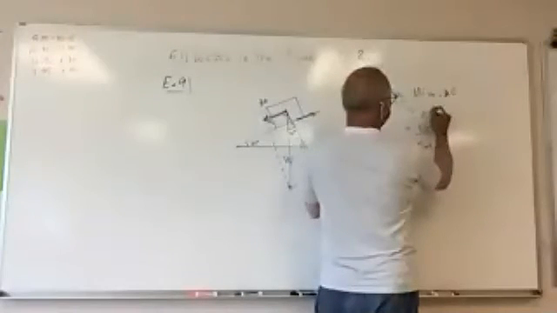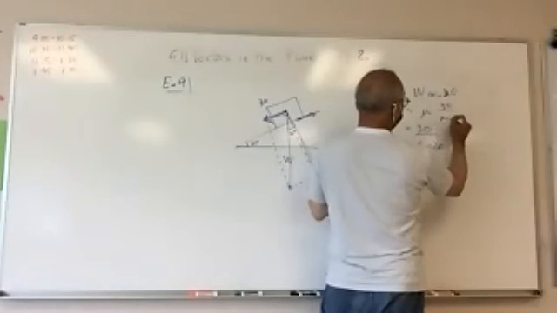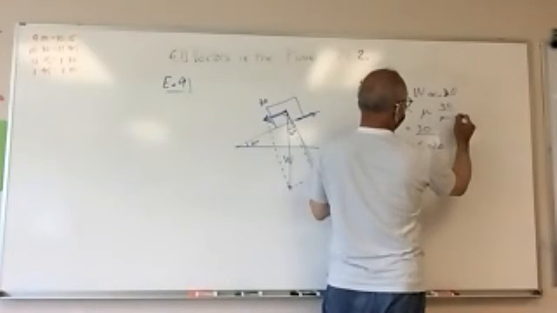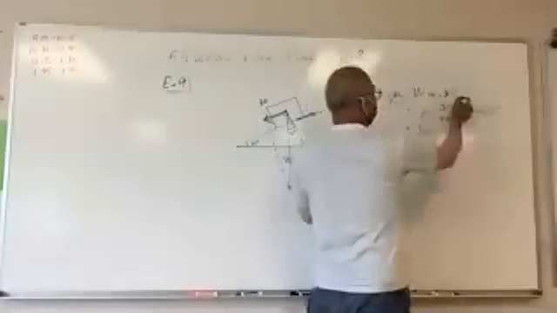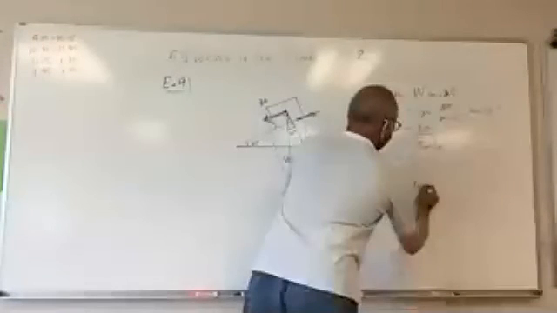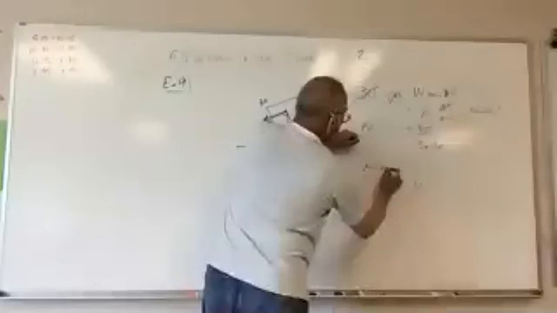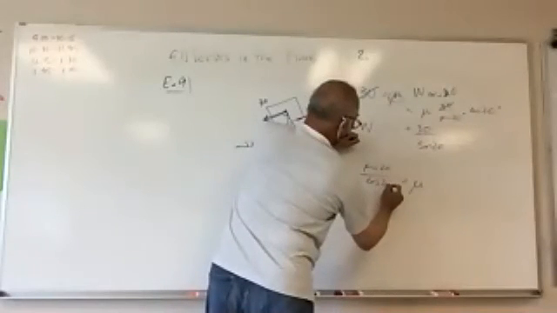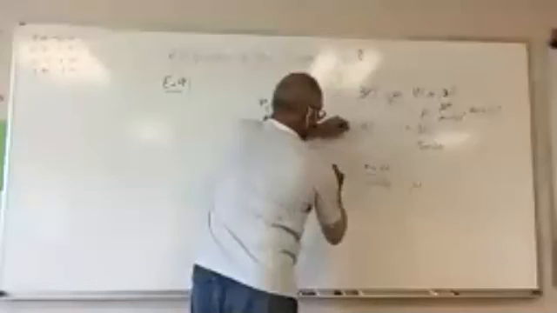Mu times 30 over sine 20 times cosine 20. These cancel out. Mu is going to be equal to sine 20 over cosine 20, which is tangent 20 degrees.